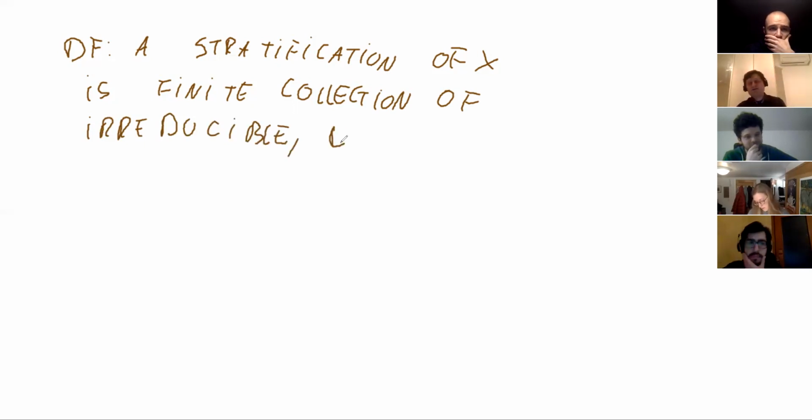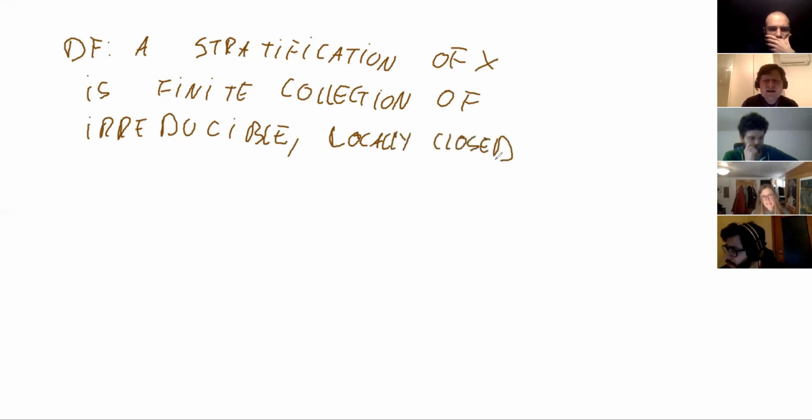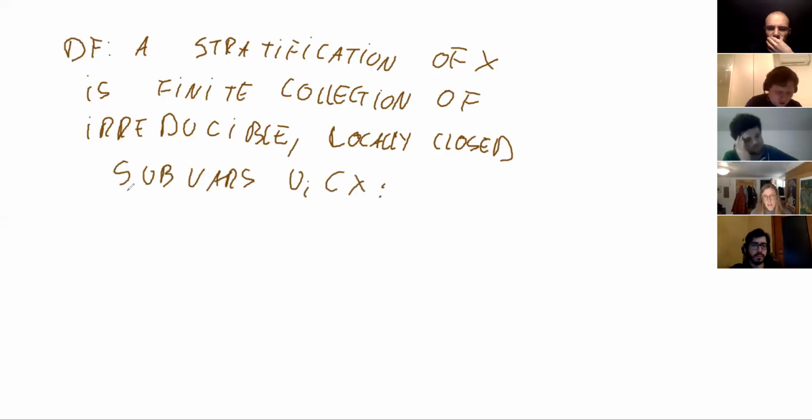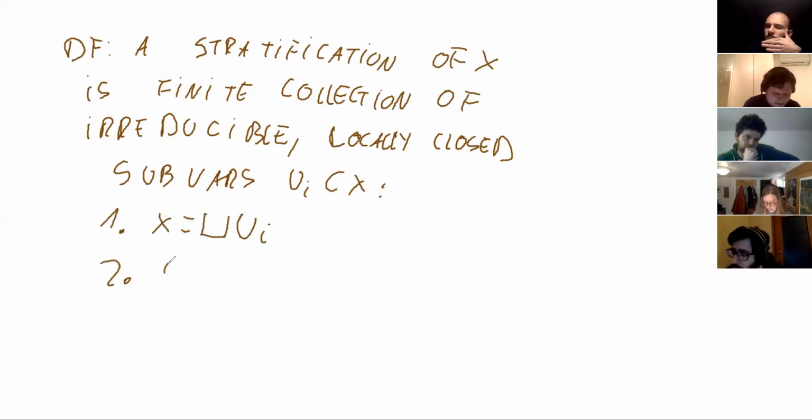Locally closed means an intersection of a closed and an open set, which is equivalent to the fact that at every point there is a neighborhood such that it is closed. Such that two conditions hold. First, X is a disjoint union of the U_i's. And second, the closure of every U_i is a union of some U_j's.